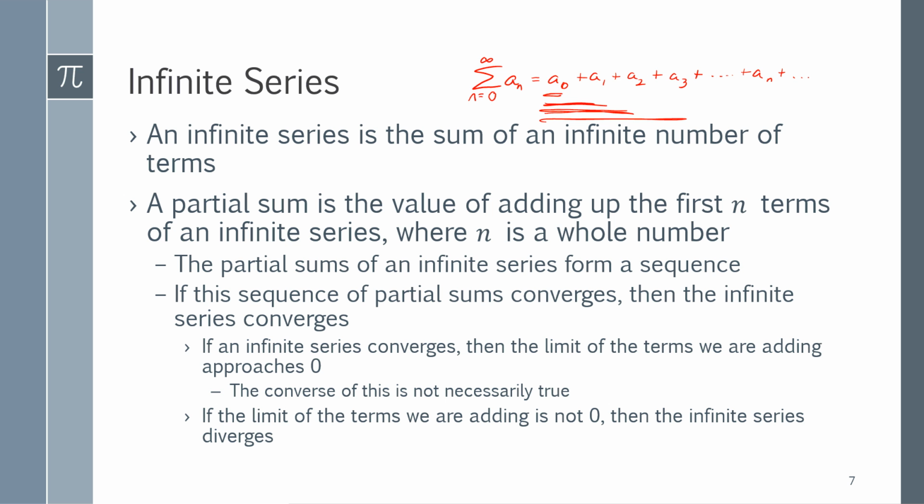And I keep doing this, and I generate a sequence of those partial sums. That sequence of partial sums is what we're looking at to decide, does the series actually converge to something? Because we're adding an infinite number of things, they're never actually going to reach a certain sum, but they can approach the sum.